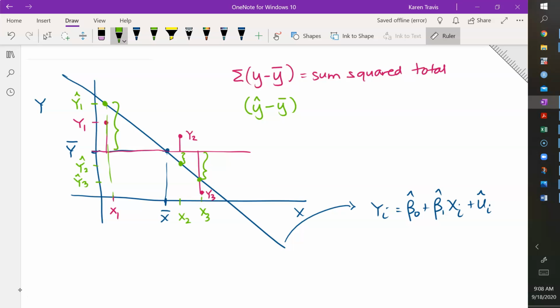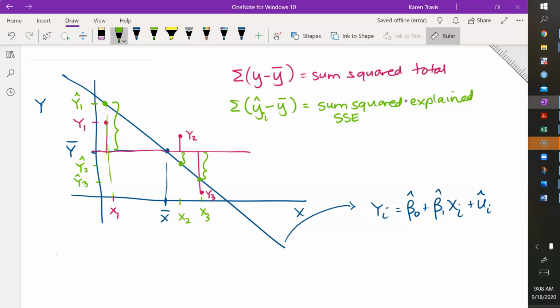So my green brackets are each y forecasted minus y bar. If I added all these up, this would represent what we're calling sum squared explained, or SSE, or explained sum of squares.